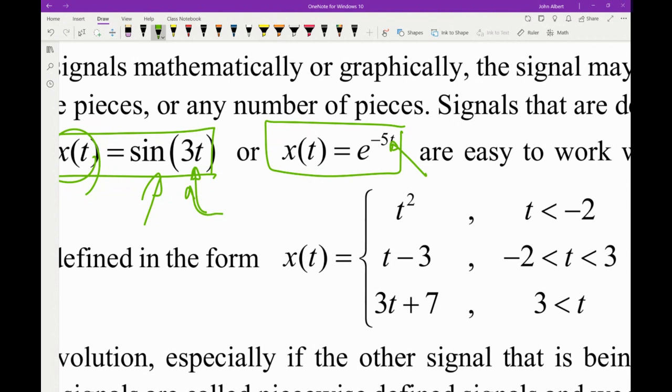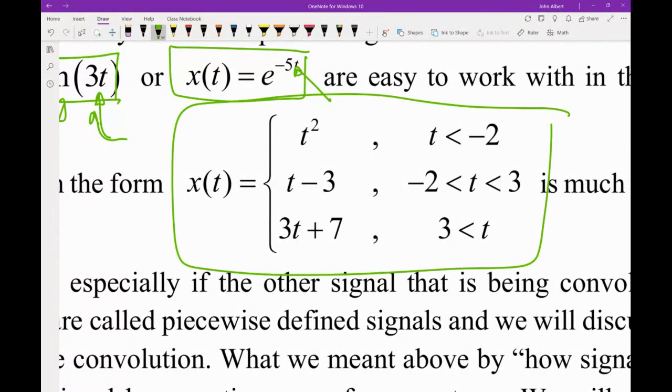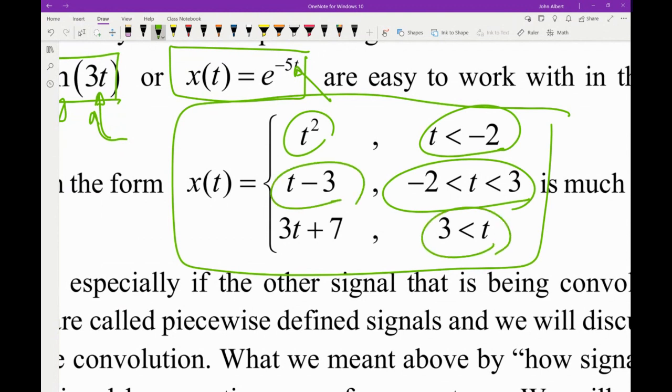Now, there are some functions that are defined in what we call a piecewise defined function that look like this, where for a specific range of t, I have a specific definition of the function. For another range of t, I have a second definition. For a third range of t, I have a third definition, and maybe more. Maybe I have 4 or 5 or 6 or 7 regions, or maybe only two regions.